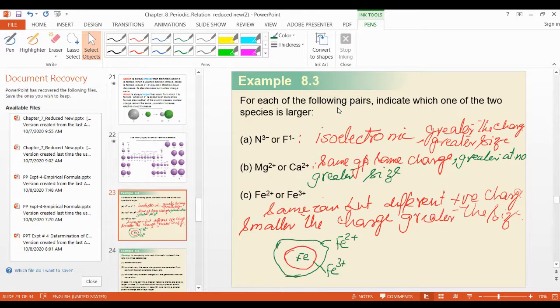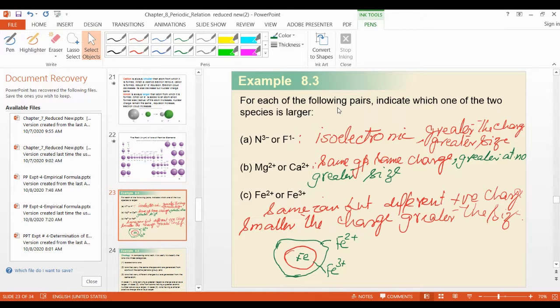Yes, clear. So what is the basic concept of this? If you have this type of species, on what basis can you say its size is greater? There are two ways: first, by knowing its place in the periodic table, or by its ionic charge, the more charge, the bigger.